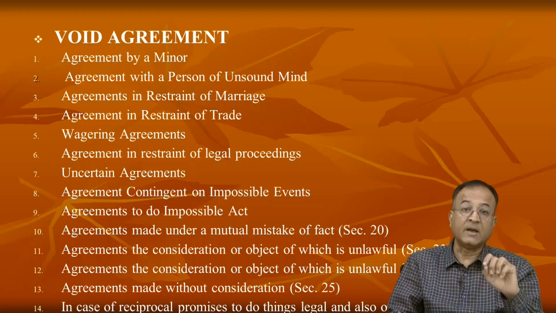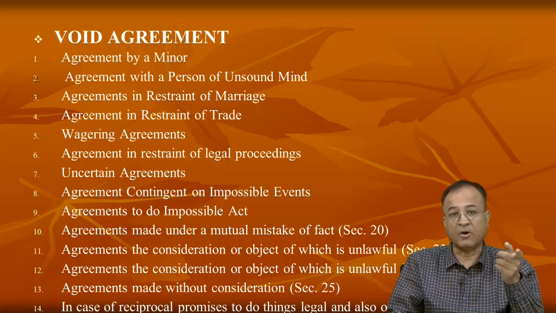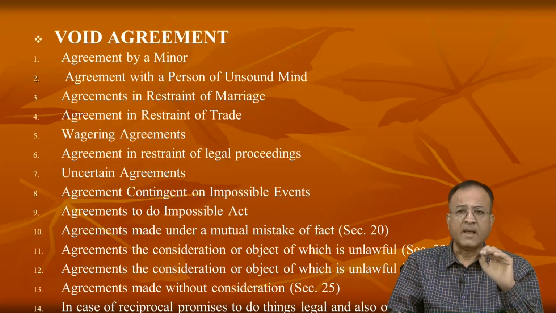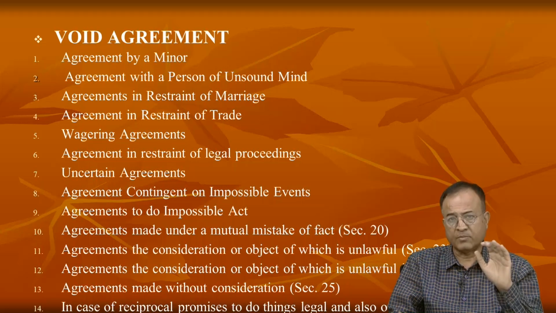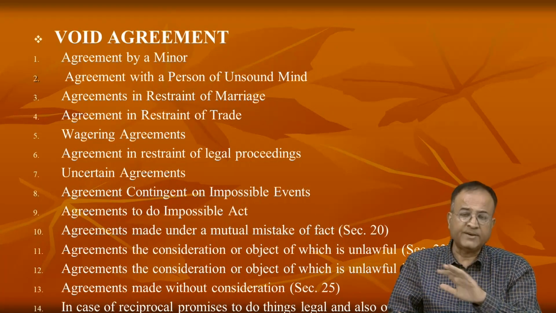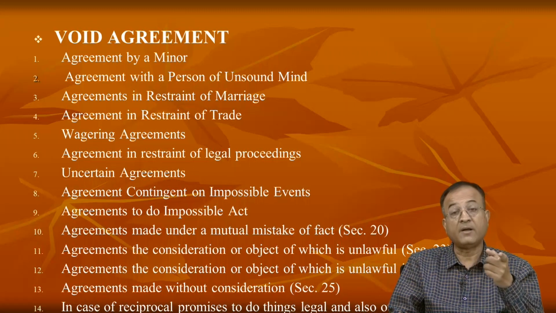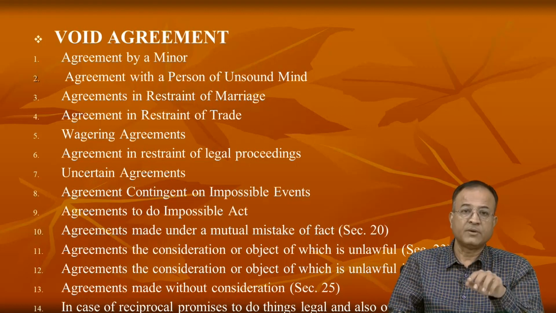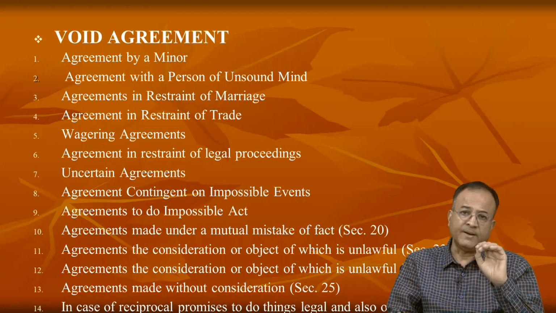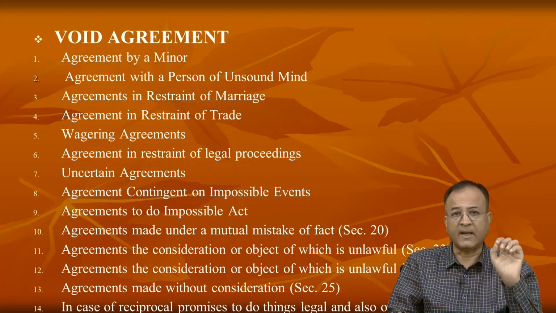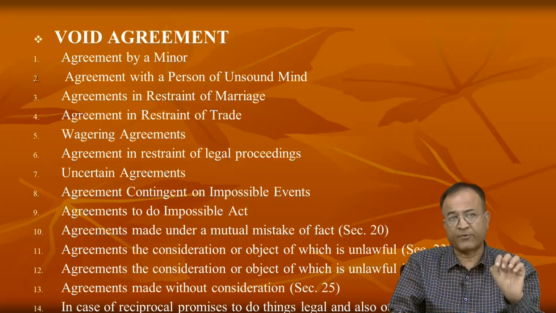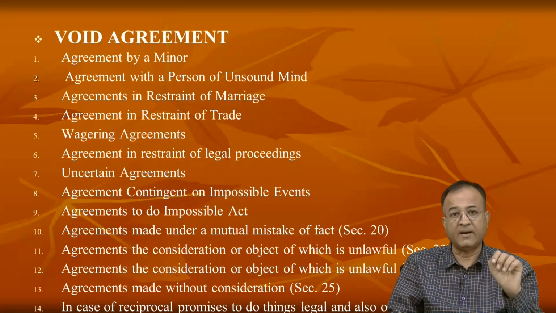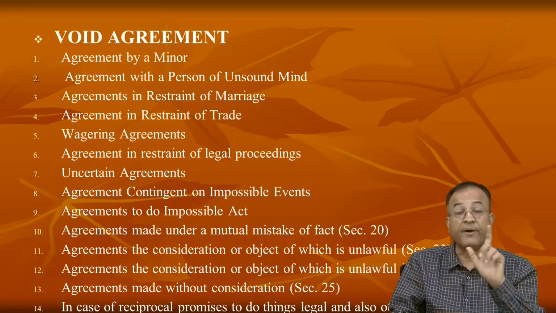Fourth, agreement in restraint of trade. The Constitution of India guarantees the freedom of commerce for each citizen, and therefore Section 27 declares that any agreement by which anyone is restricted from exercising a lawful profession, trade or business of any kind is to that extent void.